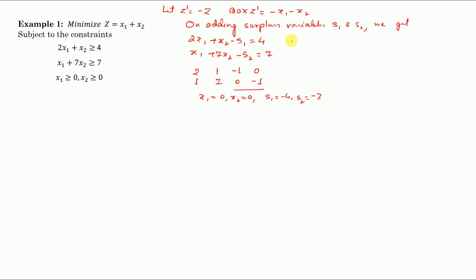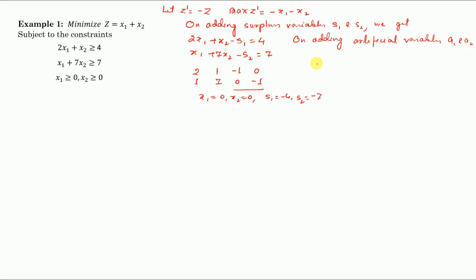So we will add artificial variables, say a1 and a2.